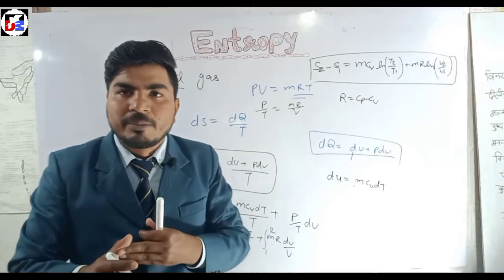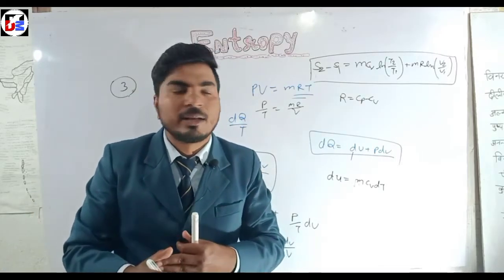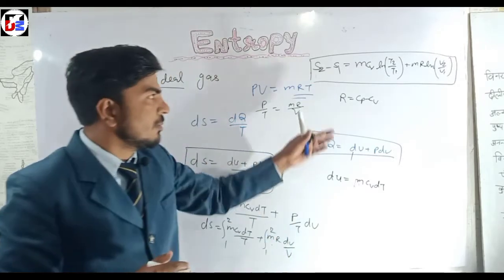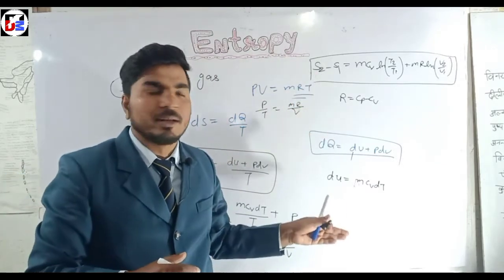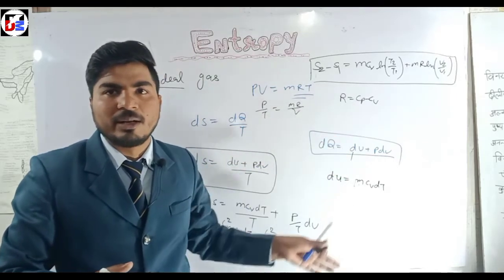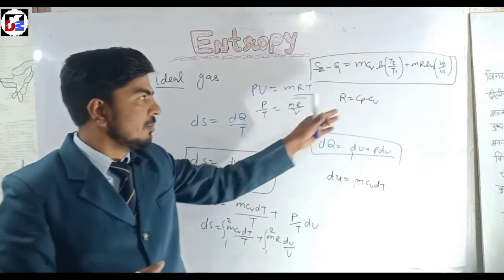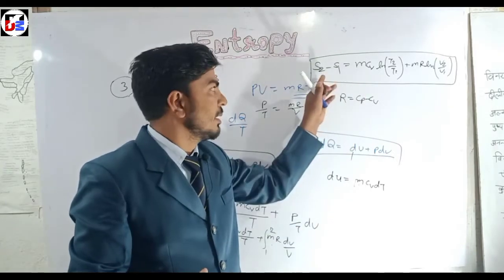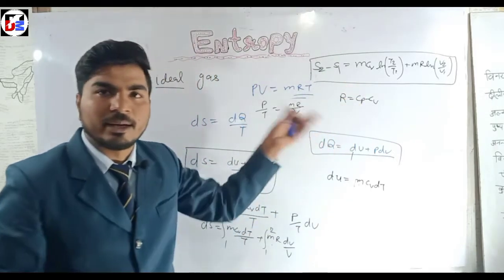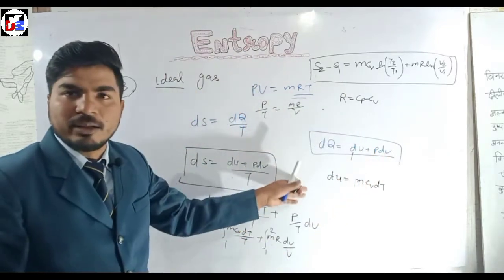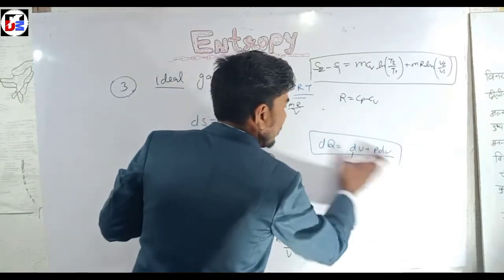Cp is the specific heat at constant pressure, and Cv is the specific heat at constant volume. So you get three equations from putting this value. This proof is homework for you. You put this value and get another equation for S2 minus S1. I erased this because there is no space.